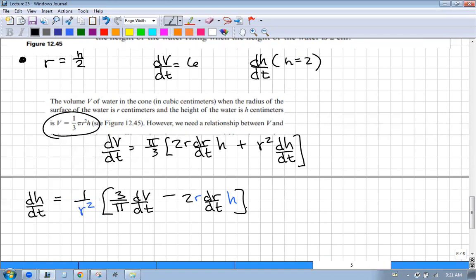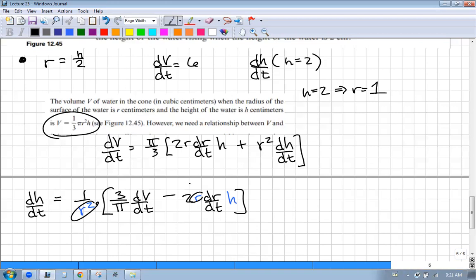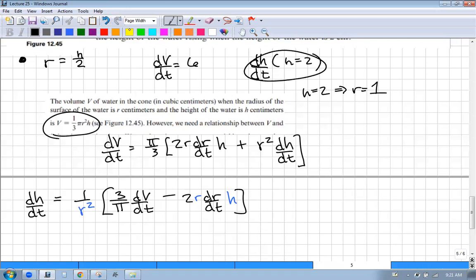Okay, we just replace that with h over 2, and well, they want to know specifically when h is 2. So if h is 2, then r is 2 over 2, which would be 1. Okay, so that's nice. These are just going to go away because they're just the number 1. All right, for this specific thing right here.